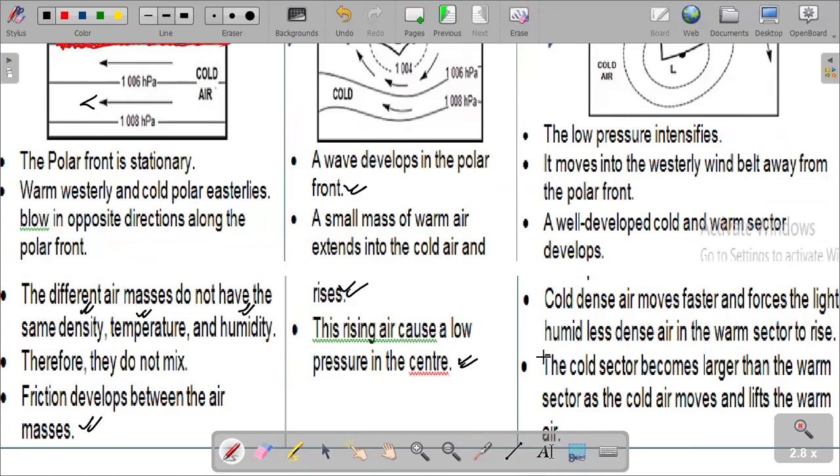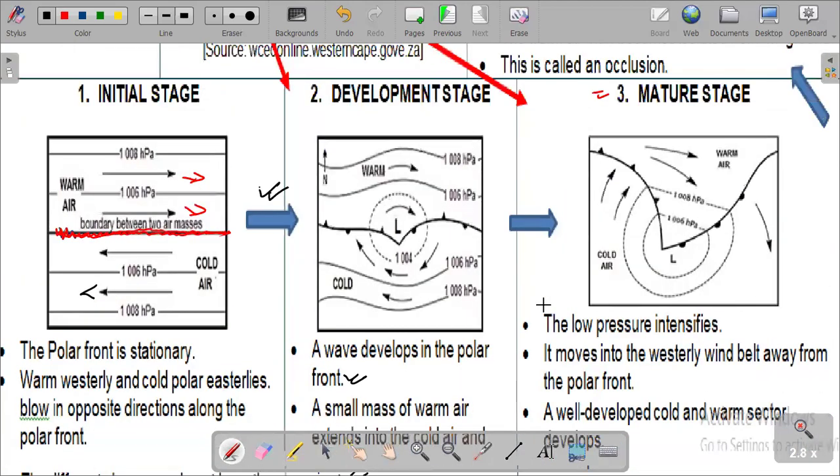Please note that there are weather conditions associated with the development stage.